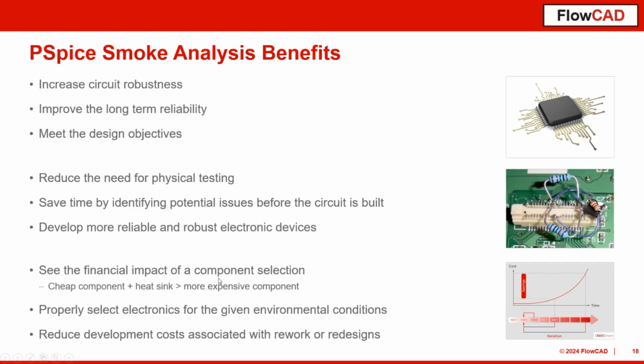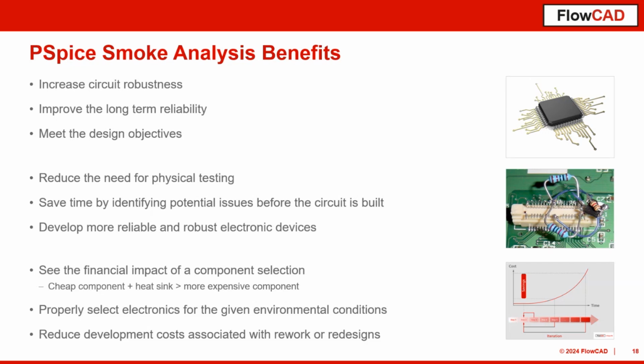With that, I will summarize what PSpice Smoke can do for you in a circuit. PSpice Smoke will help to build really robust circuits which improve the long-term reliability. PSpice Smoke can be used while you're designing your circuit.